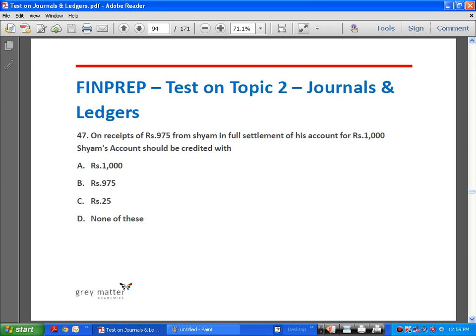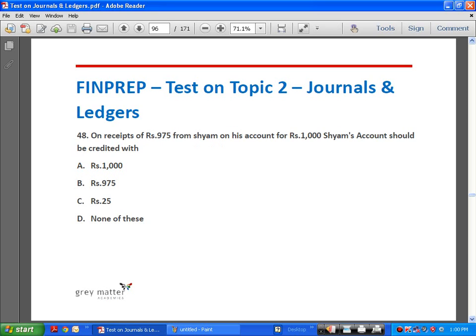So debit what comes in, because cash is a real asset, a real account. So cash account debit 975. You are extending a discount of 25 rupees, which is a loss for you. All losses are nominal accounts. Rule for nominal account is debit all expenses and losses, and hence you will debit 25 rupees and you will credit the giver. So Shyam is the giver and he'll be credited with 1,000 rupees. So his account is closed.